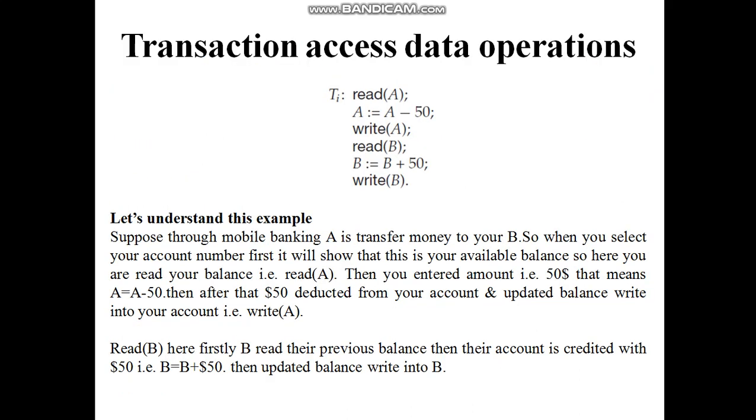So this is the transaction access data operation. It's a very simple basic example, read and write. Here they are sending the money from A to B. T1 is a transaction.